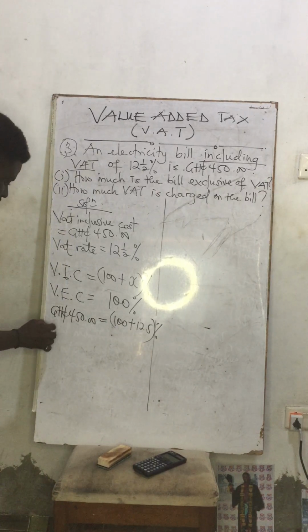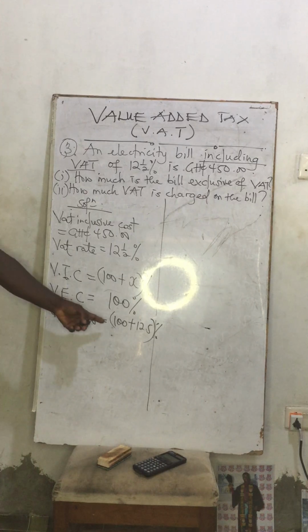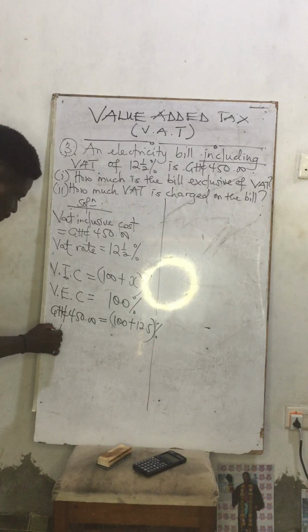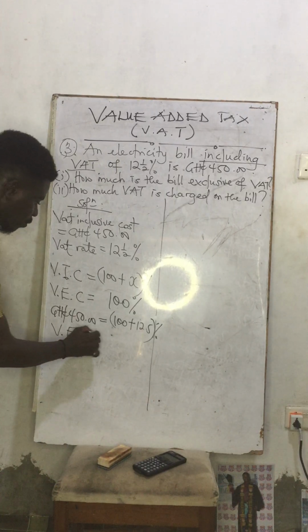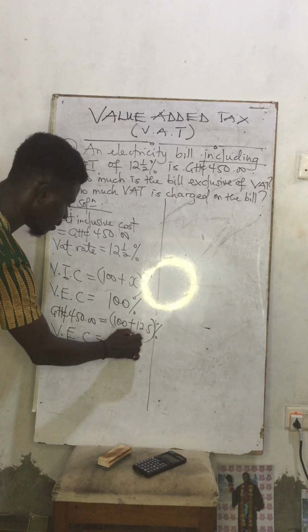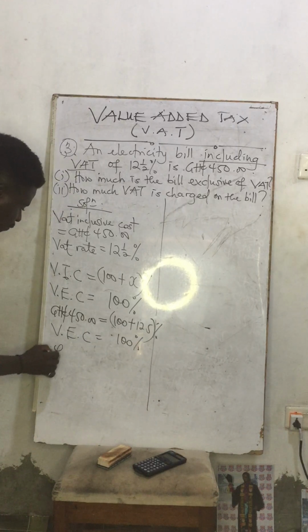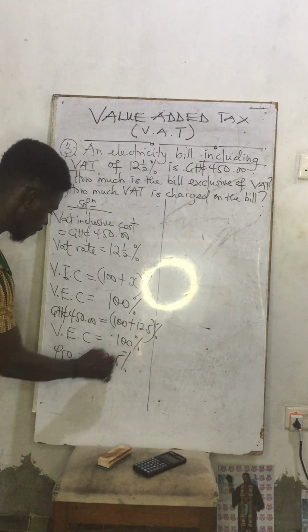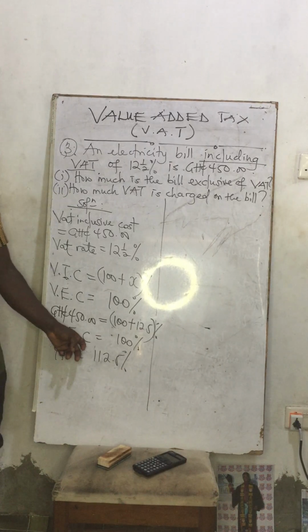So I can still write it as 450 is equal to 112.5%. Then what's our basic cost? We don't know our basic cost. That's the VAT exclusive cost, which is 100%. So let me rewrite it: 450 is equal to 112.5%.